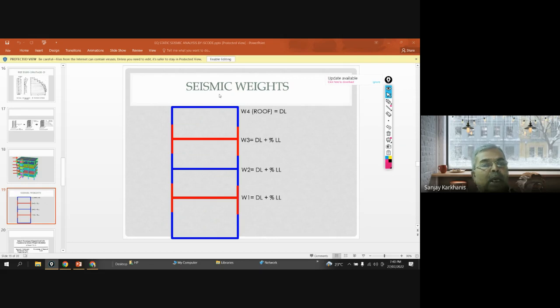So whatever live load on the terrace you are considering will not be included in the calculation of seismic weight of the terrace. Clear? So no live load is considered at terrace. Then for floors, you will see full dead load plus some percent of live load. How much that some percent is, we'll see after.